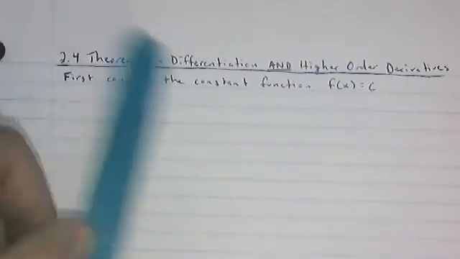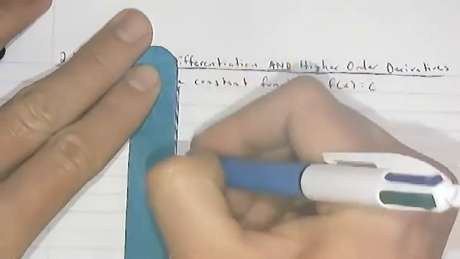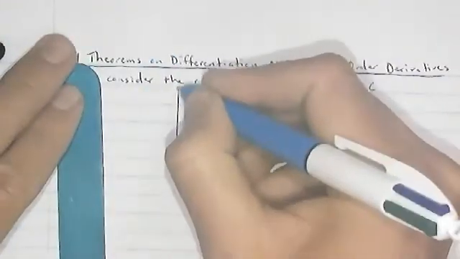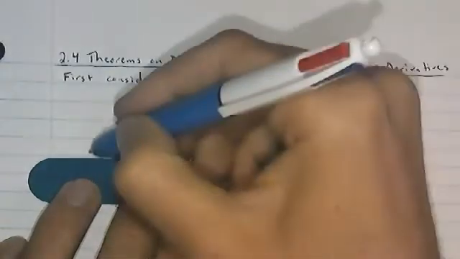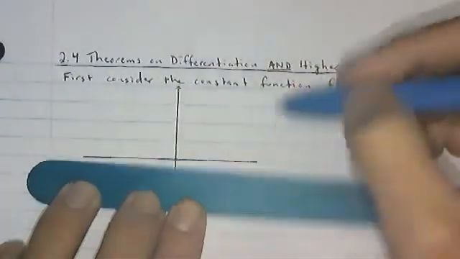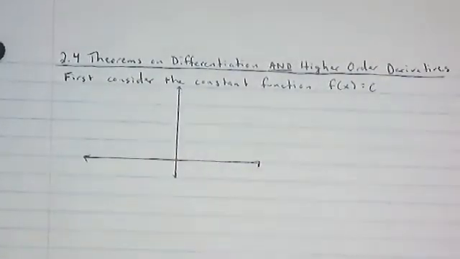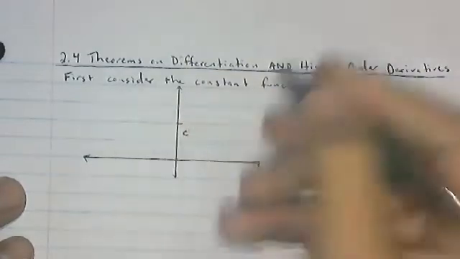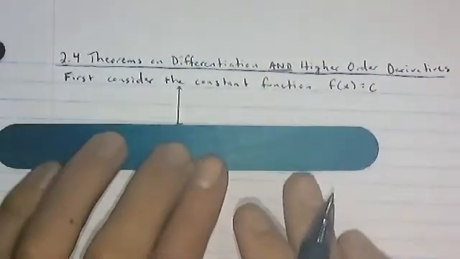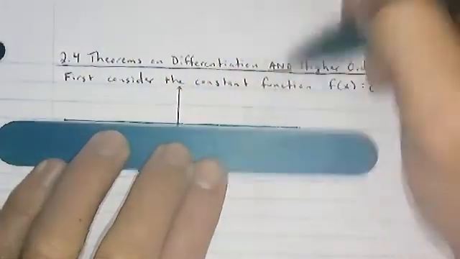Let's just graph this thing. And let's say c is up here. A constant function for any c has a graph that looks like a horizontal line.